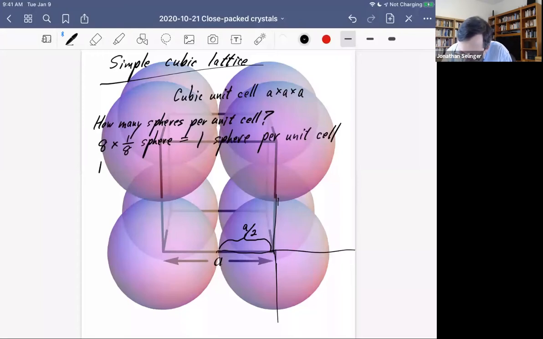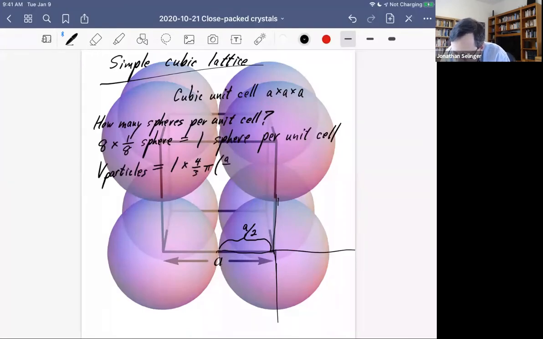So the volume inside the particles is 1 times the volume of a sphere. The volume of a sphere is 4/3 pi r cubed.